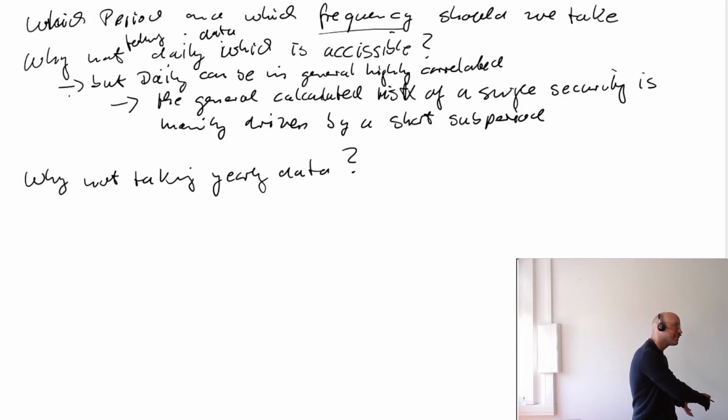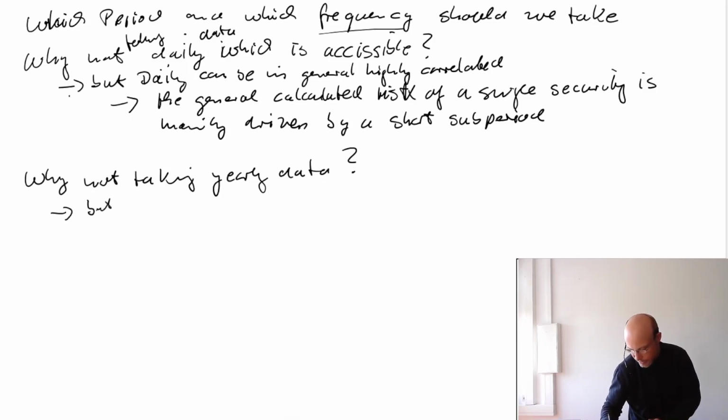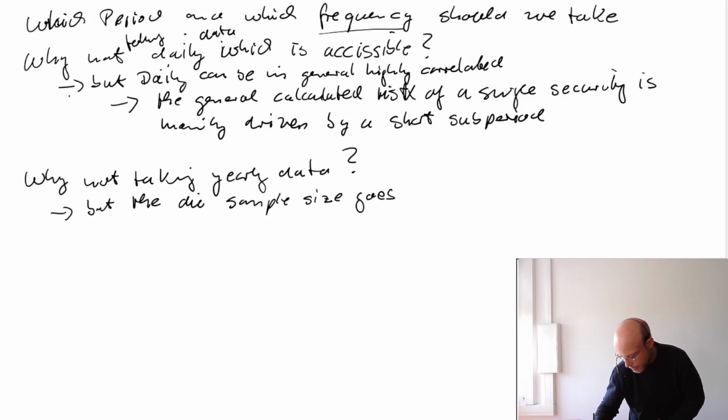Then, of course, the sum of your data points goes massively down. And of course, we say, well, you need at least 20, 30, 100, or 1,000 data points in order to do really interpretable statistics. So this would mean that the sample size goes down.